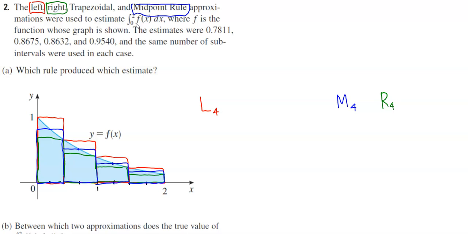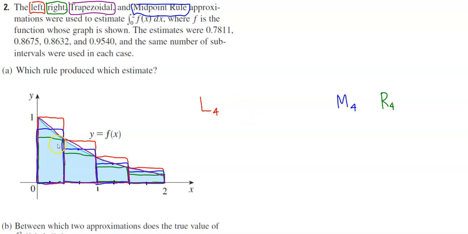Now let's take a look at the trapezoid. For the trapezoid, we're going to use the purple. If we go up to the first function and create our trapezoid for the first one, then there is our second trapezoid, there is our third trapezoid, and then there is our fourth trapezoid.